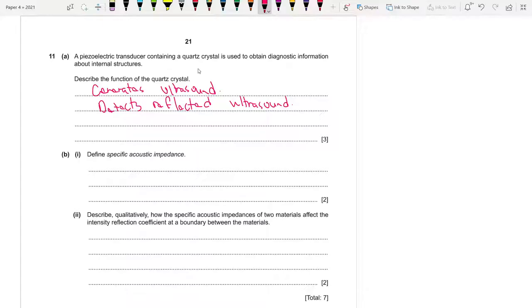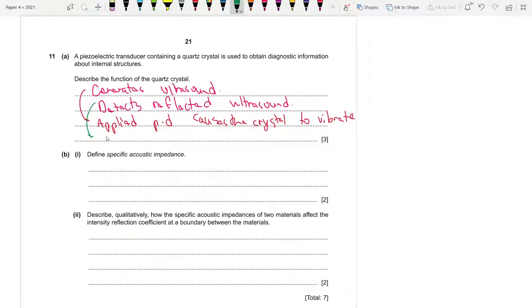Now, how are we creating the ultrasound actually? Basically, the reasoning behind part 1 is the applied alternating PD causes the crystal to vibrate. That's the logic, or you could just opt for saying how it detects ultrasound.